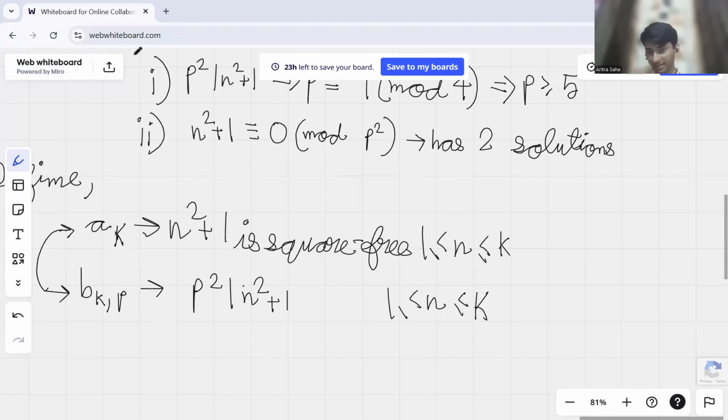Yes, exactly. So if p changes, B(k, p) also changes. It depends on both p and k. So both of these are counting functions. Okay, there are ideas in chat, I think.